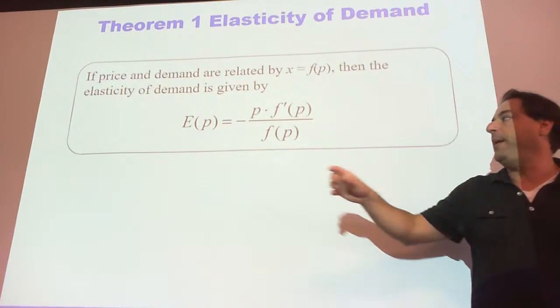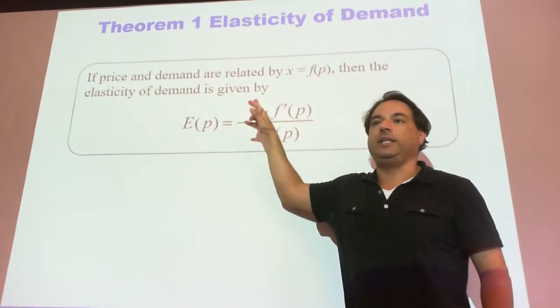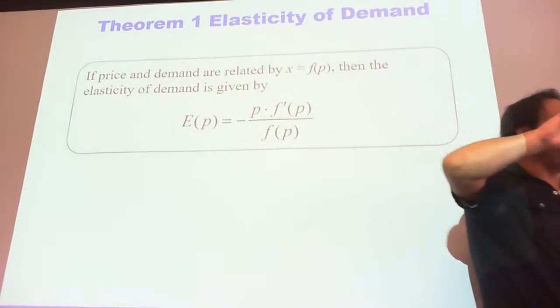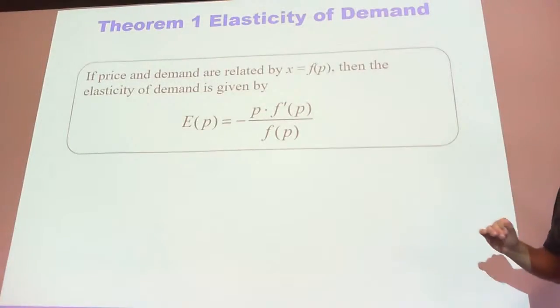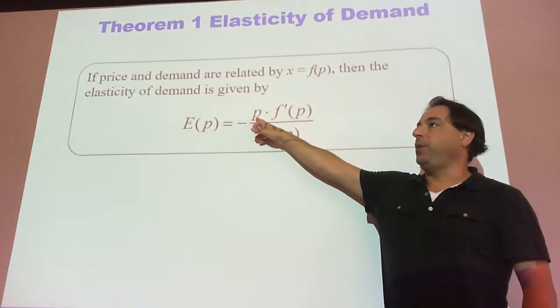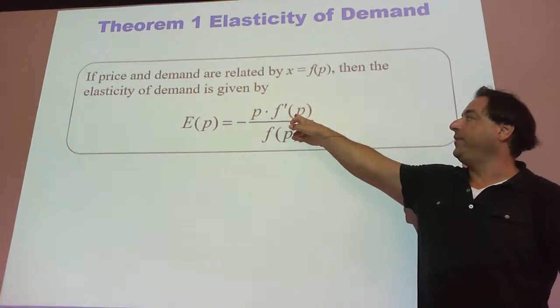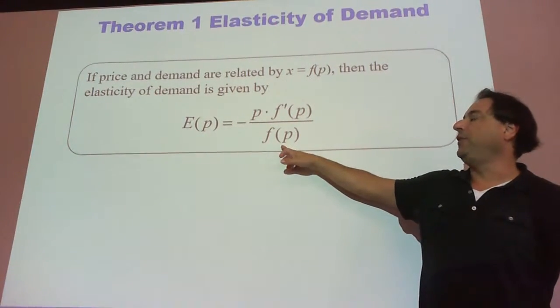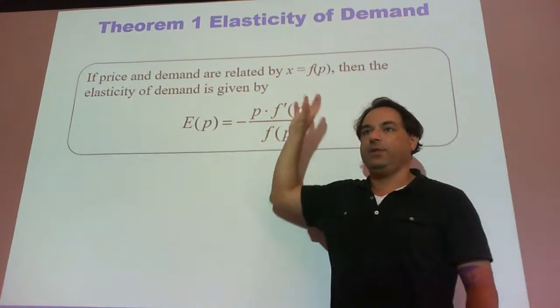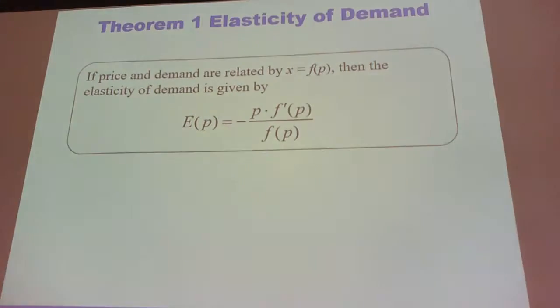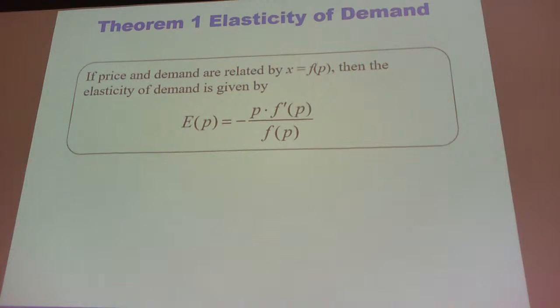That's just a quick way to remember. Elasticity always starts with a negative. It's kind of related, but it's a nice way to remember. Negative P, which is price, times the derivative of the function over the original function. This is what we're going to be using today. The slides before are where it comes about and where it came from.